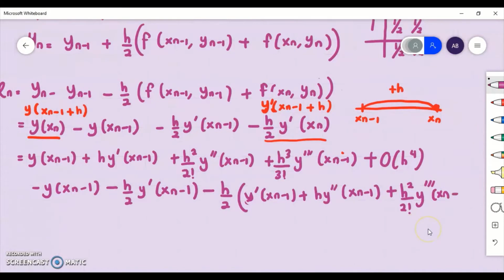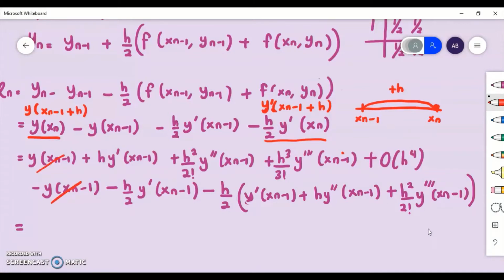Do I need to expand more? No, because I want to get h squared times h, which is h cubed. So I know the next term will be of order 4. Now you can see how some of the terms cancel out. Like this term cancels out.